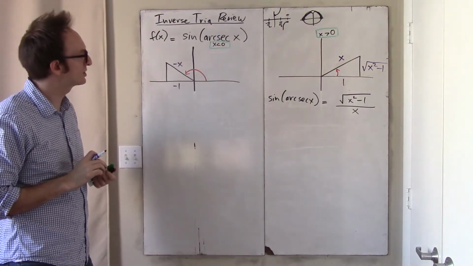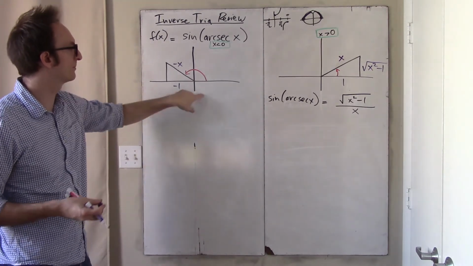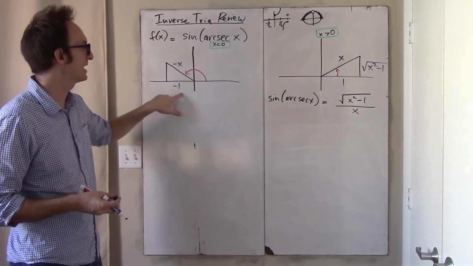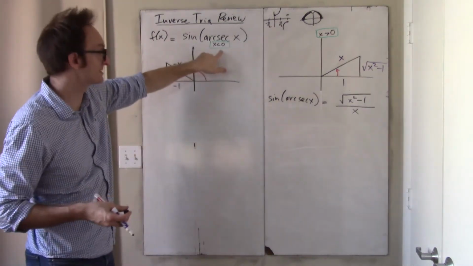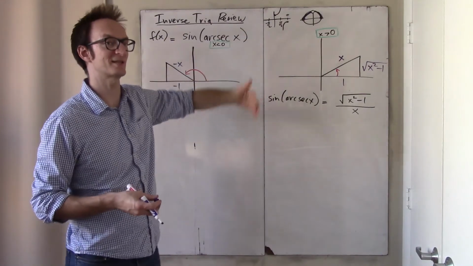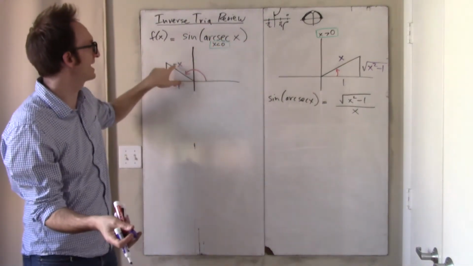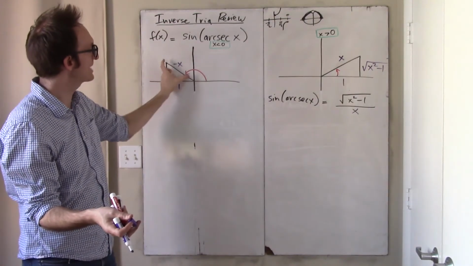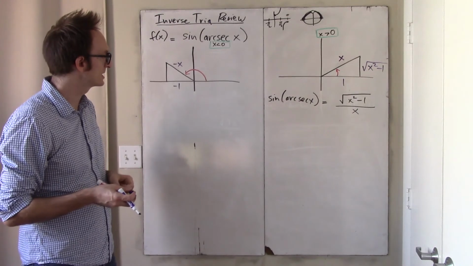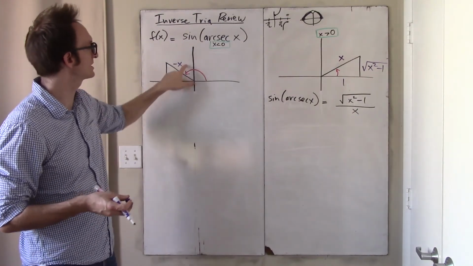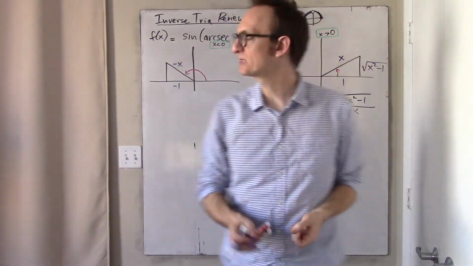Now I have a picture that reflects reality, because this horizontal component of this second quadrant angle is negative now, so good. This hypotenuse, since x is negative, negative x is positive. Very advanced concept, right? The opposite of a negative number is a positive number. So now negative x is a positive number, and that hypotenuse is positive. So that's good. But the ratio between this and this is just negative x over negative 1, which is still x. So it all works. So we solved this problem.